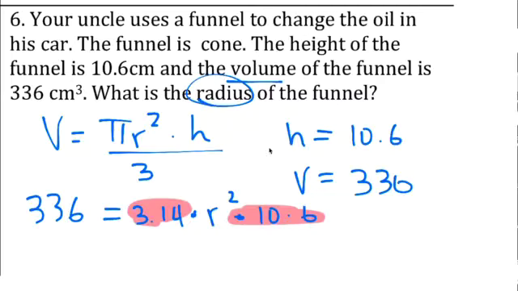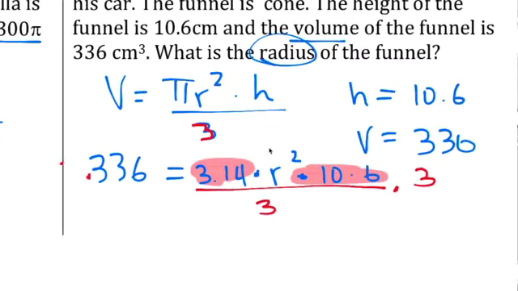Oh, no, we can't do that because this is a cone. We have to divide by this 3. So we have to multiply by 3 first to get rid of that 3.